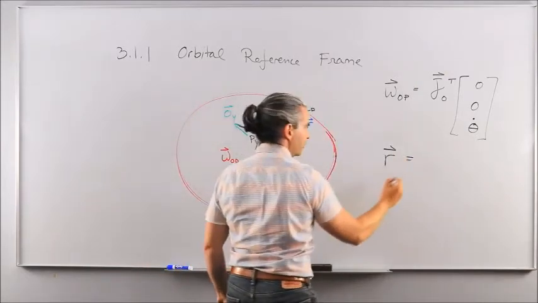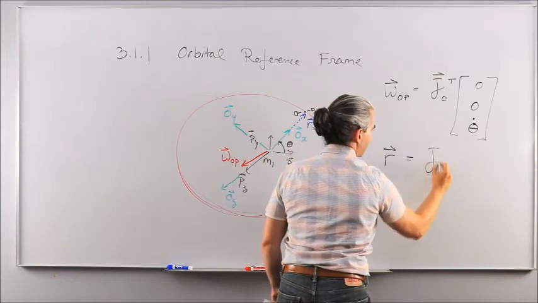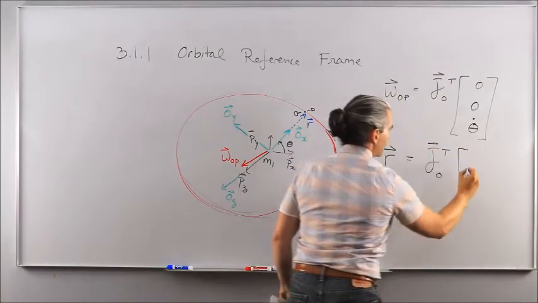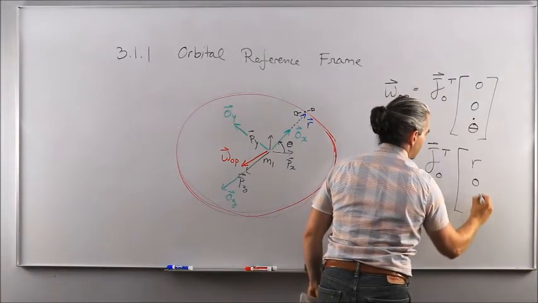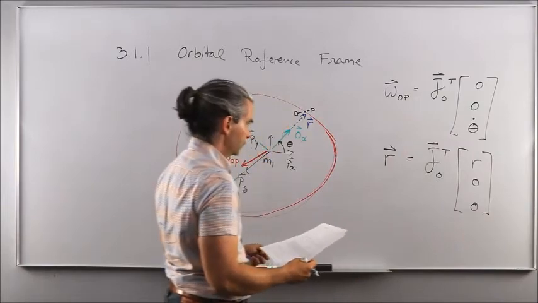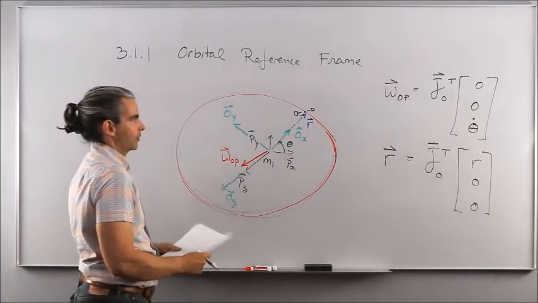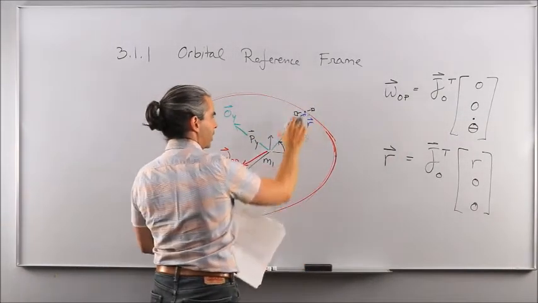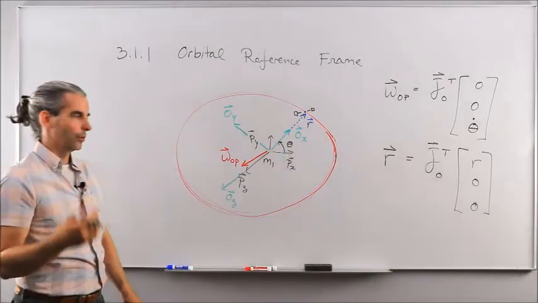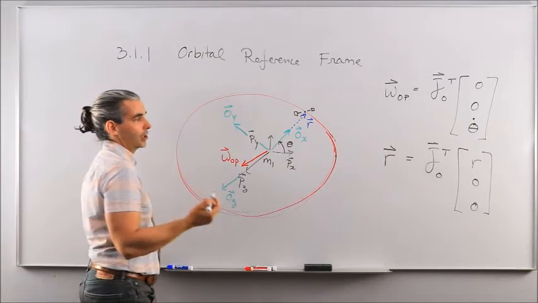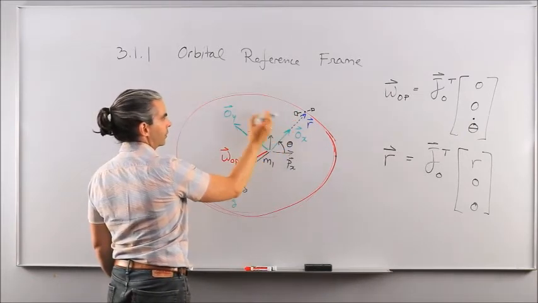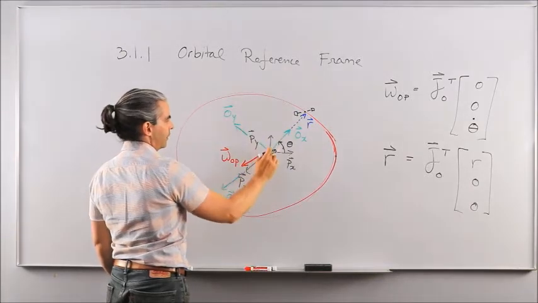So our position vector expressed in the orbital reference frame will simply be R, 0, 0. Okay? So just the length of this vector projected on direction OX only. Or again, in other words, it is impossible for our vector to have a component along OY or OZ.